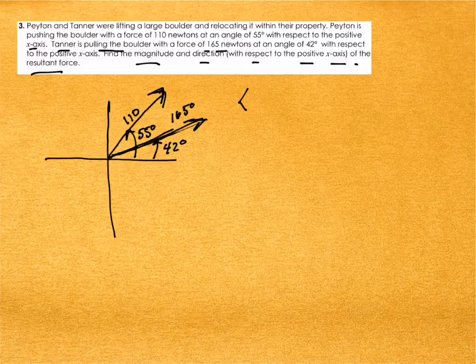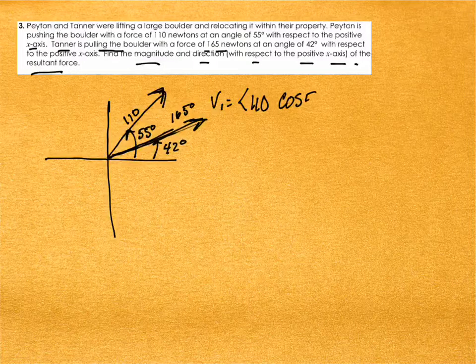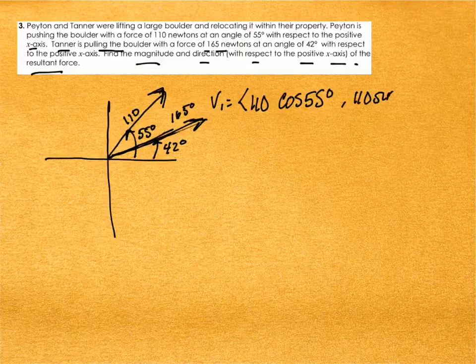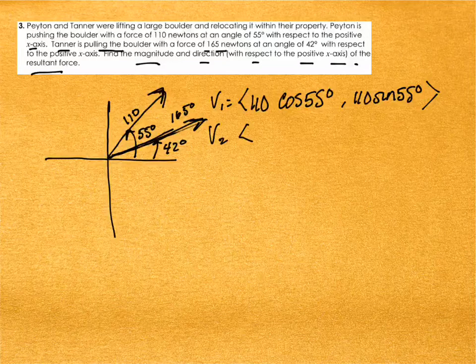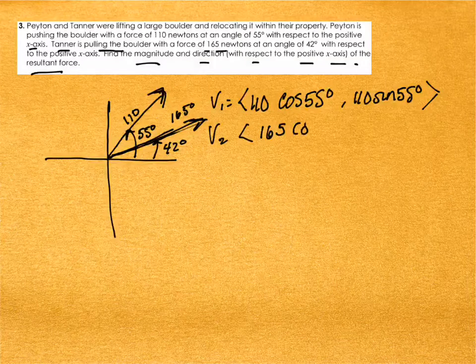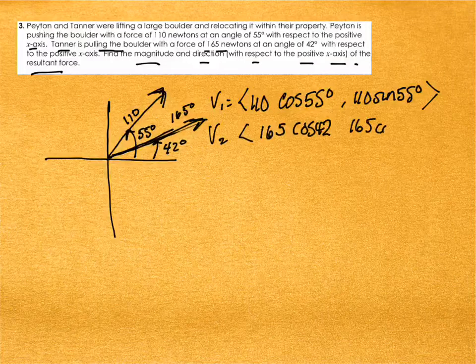So the first one, let's call it V1, is 110 cosine of 55 degrees and 110 sine of 55 degrees. And V2 is 165 cosine of 42 and 165 sine of 42.